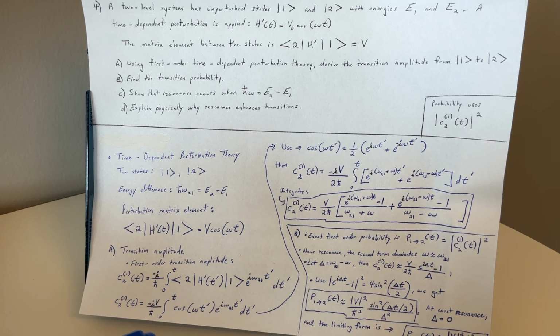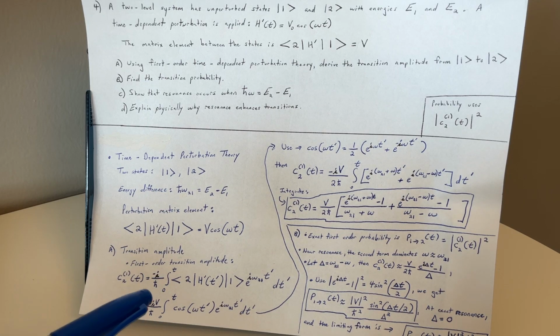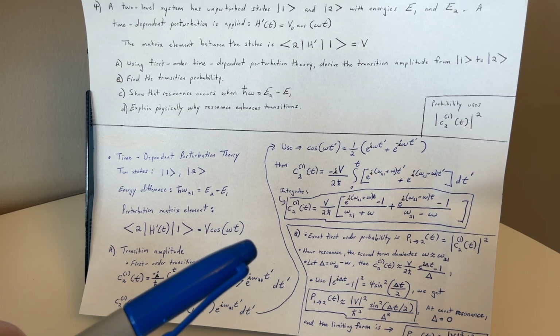Okay, so moving down here, what this becomes is negative i times V over h bar, integral from 0 to t, of cosine of omega t prime, e to the i omega sub 21 t prime, dt prime.